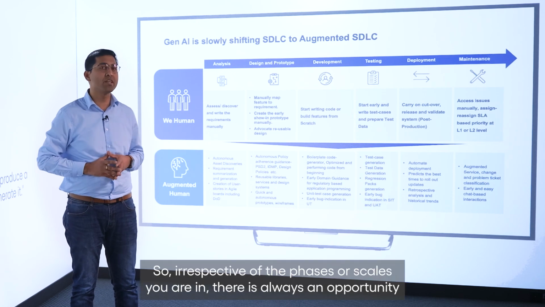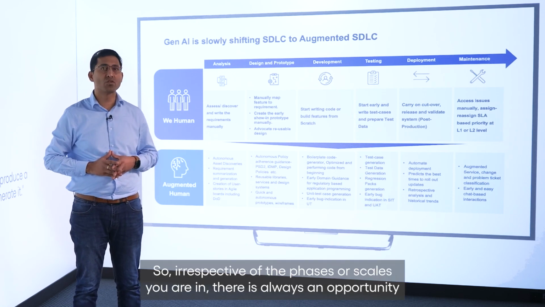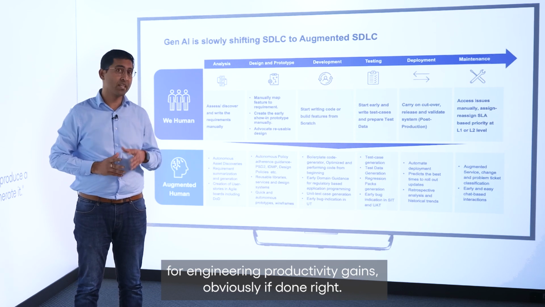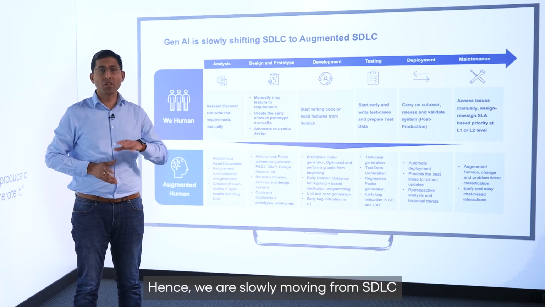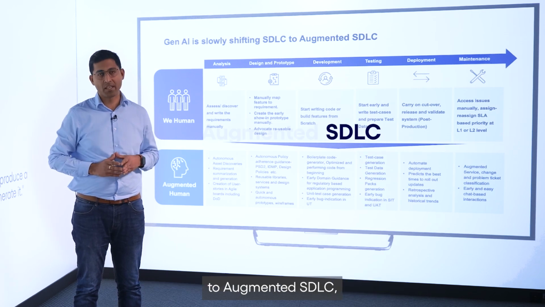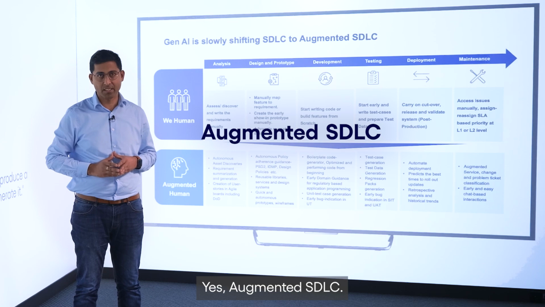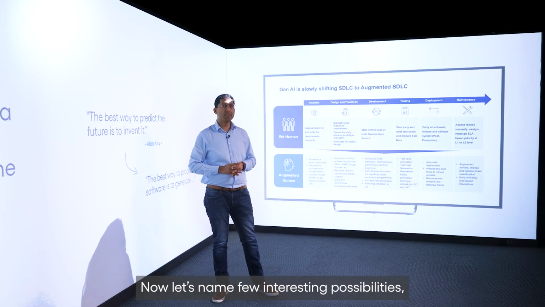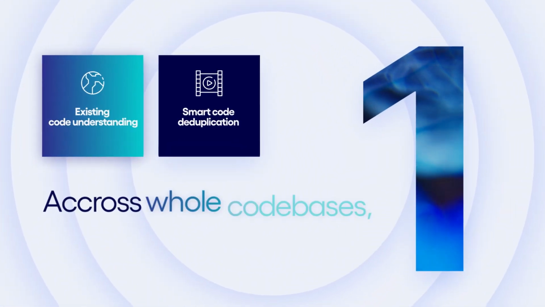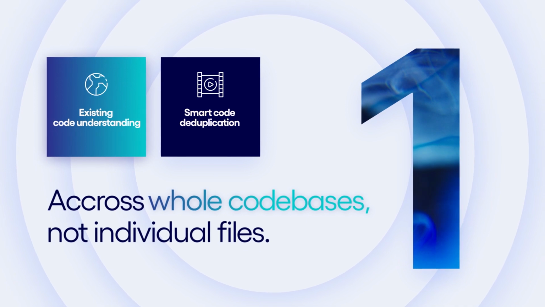So irrespective of the phases and scale you are in, there is always an opportunity for engineering productivity gains. Obviously, if done right. Hence, we are slowly moving from SDLC to augmented SDLC. Yes, augmented SDLC. Now, let's name a few interesting possibilities. Whether it's existing code understanding and smart code deduplication across whole code bases, not individual files.